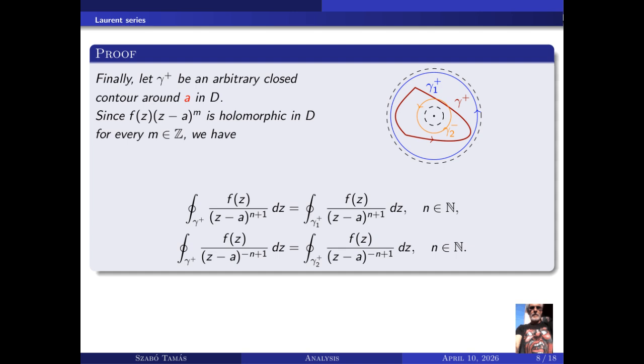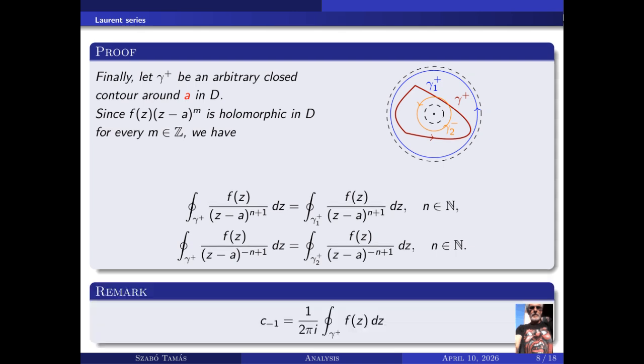And similarly, the contour integral over gamma plus equals the same integral over gamma 2 plus, again for every positive integer n. In particular, c sub minus 1 equals 1 over 2 pi i times the contour integral over gamma plus of f of z dz.